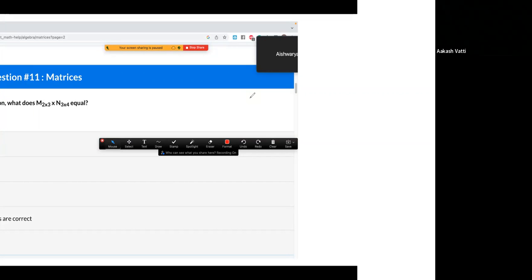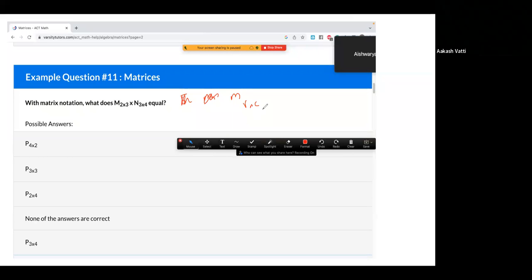When multiplying two matrices, the number of columns in the first matrix must match the number of rows in the second matrix. And when adding or subtracting matrices, the matrices must be of the same size. So the answer to this one is just 3x3, because that has your columns and rows matching. And that's the answer.